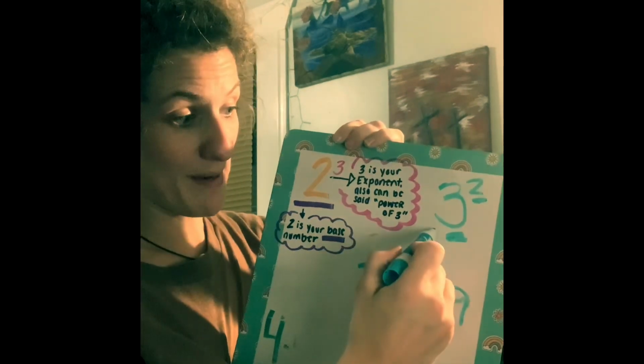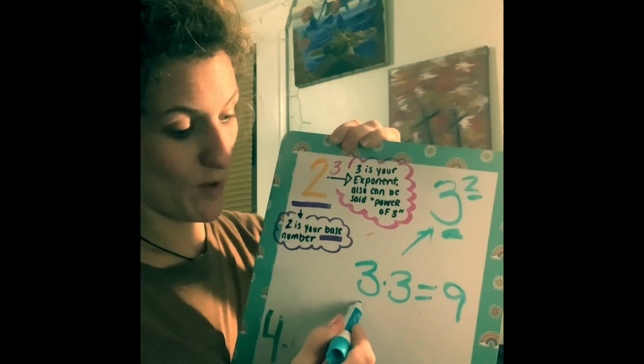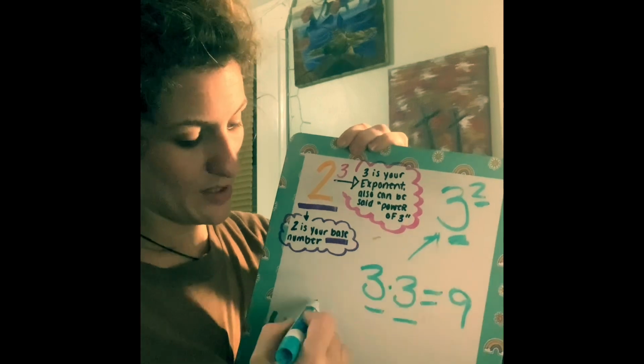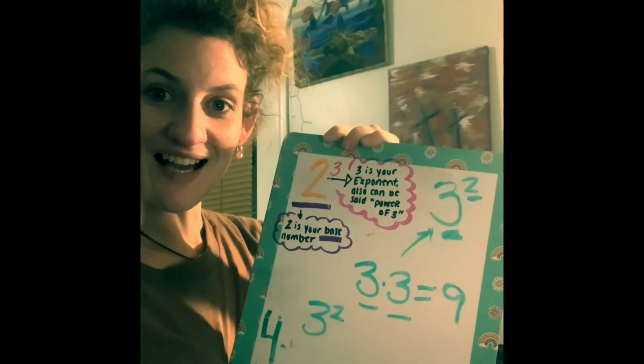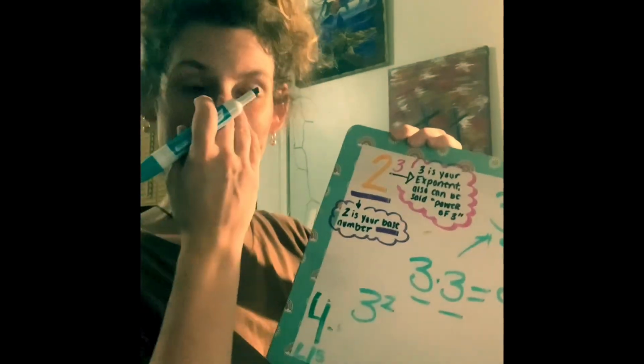And then we can go right back to this because we count 1, 2, so 3 squared. Pretty easy, huh? So that's exponents in a nutshell.